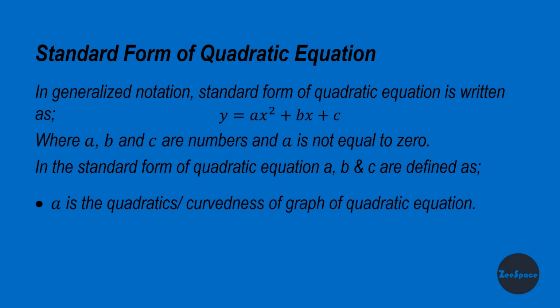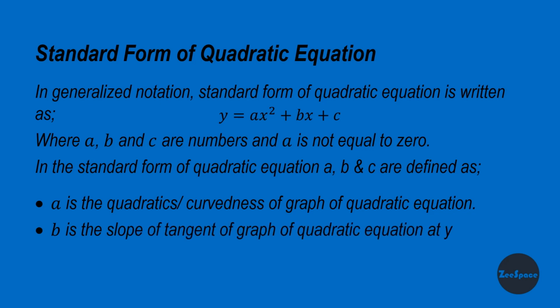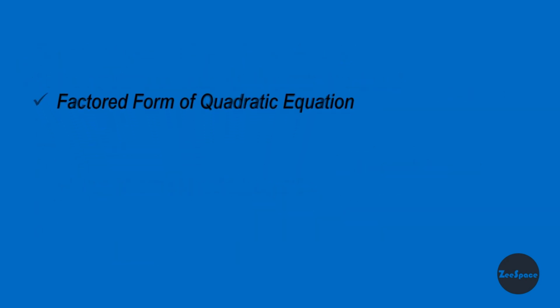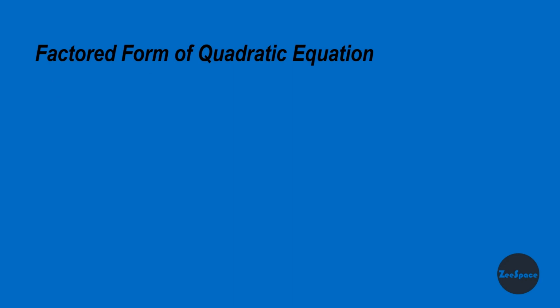In the standard form of quadratic equation, a, b and c are defined as: a is the quadratics or curvedness of graph of quadratic equation. b is the slope of tangent of graph of quadratic equation at y-intercept. c is the y-intercept.